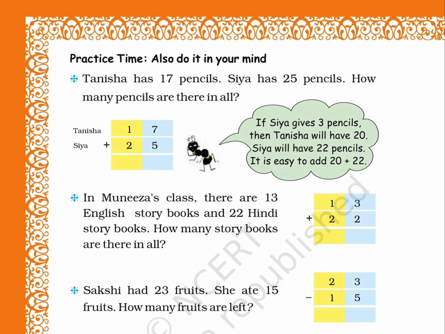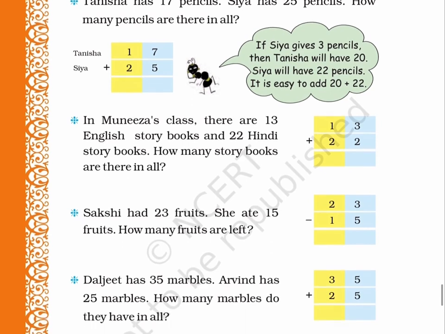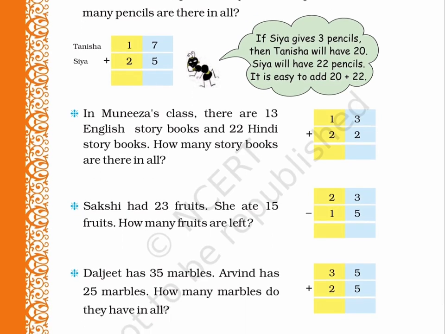In Muniza's class, there are 13 English storybooks and 22 Hindi storybooks. How many storybooks are there in all? Table for this question. Row 1, column 1, number 1 is written. Column 2, number 3 is written.